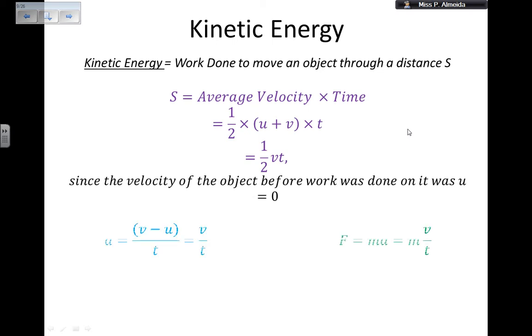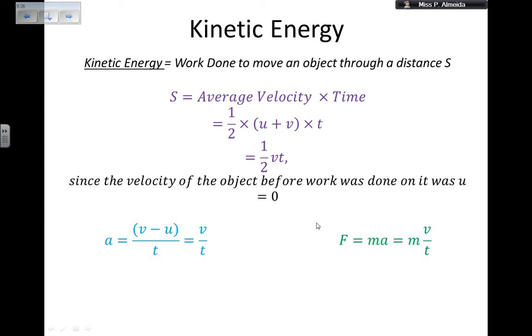My u is 0. Now, I'm going to get the formula for acceleration. I know that acceleration, by definition, equals the final velocity minus the initial velocity divided by time. Again, I do not have an initial velocity, so this formula simplifies to v over t.